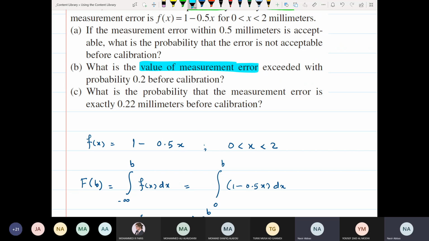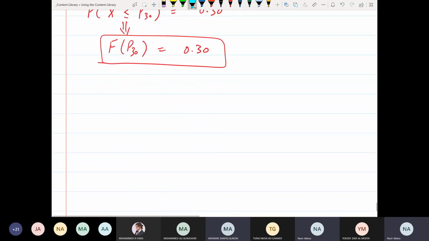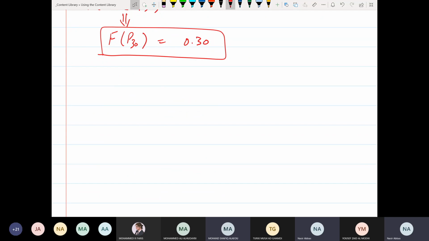So there is a value for which the exceeding probability is 0.2. So the upper tail area is 0.2. Which value is this? 80th percentile or 20th percentile? That's the confusion.